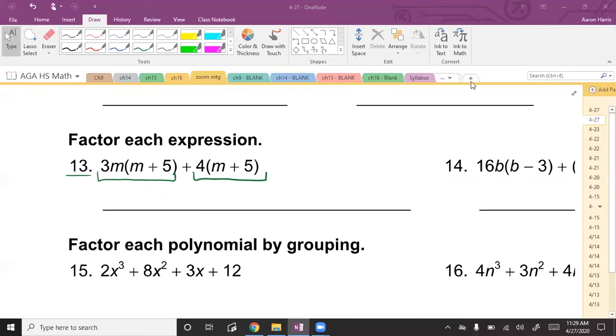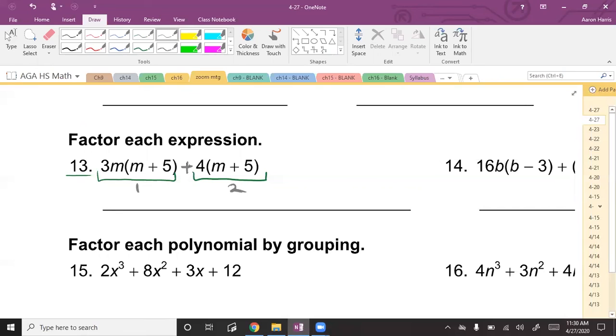Therefore, I have one expression on the left, one expression on the right. So how many terms do I see? 2. Because there's a left side and a right side of this plus sign, correct? Yeah, good.